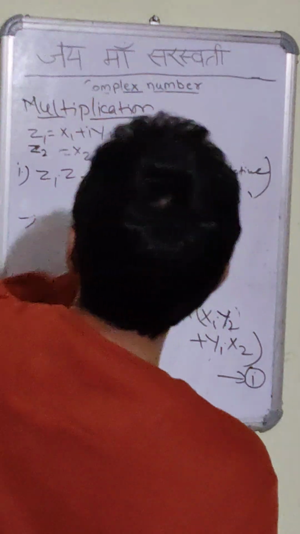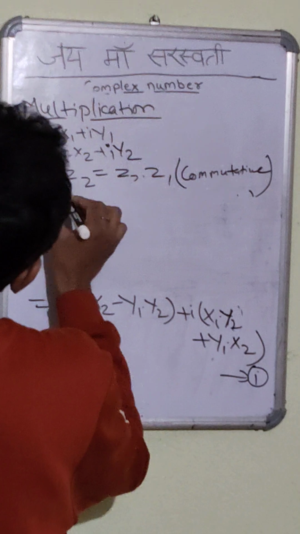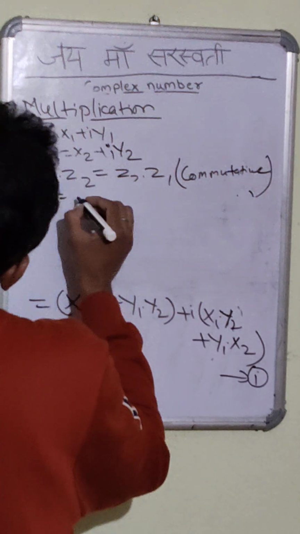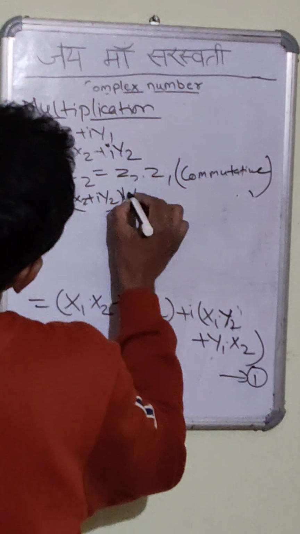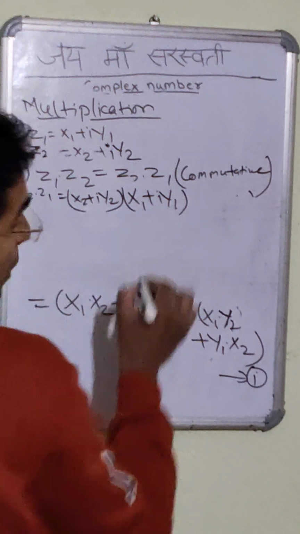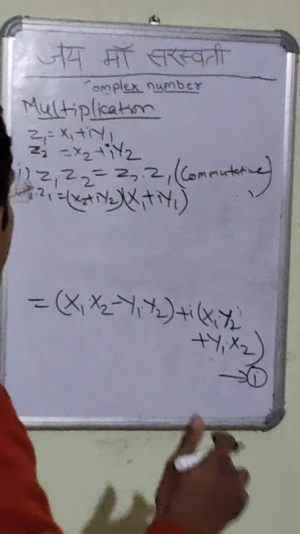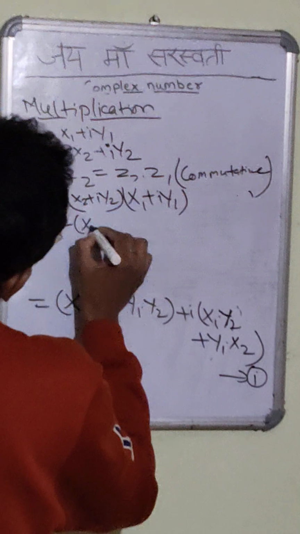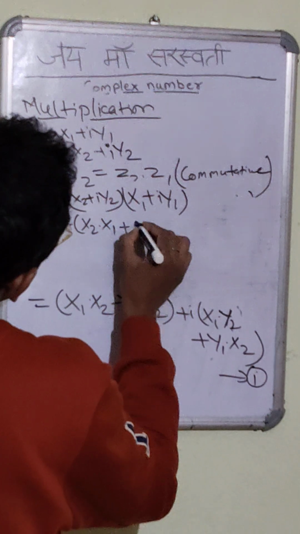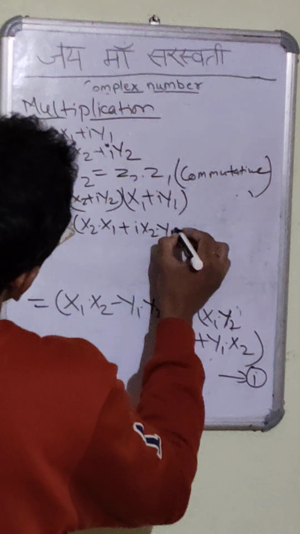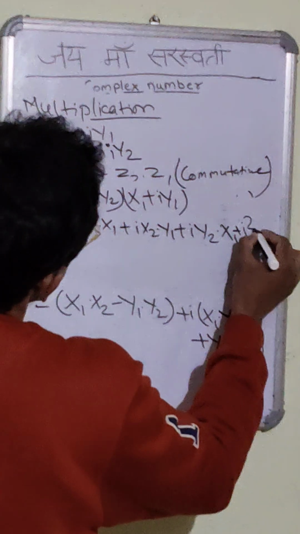Now we are multiplying Z2 into Z1. It will be (x2 plus iy2) into (x1 plus iy1). Understood? We will use the mathematical operations which are easier for us. So it will be x2 into x1 plus i x2 into y1 plus i y2 into x1 plus i square y1 into y2.